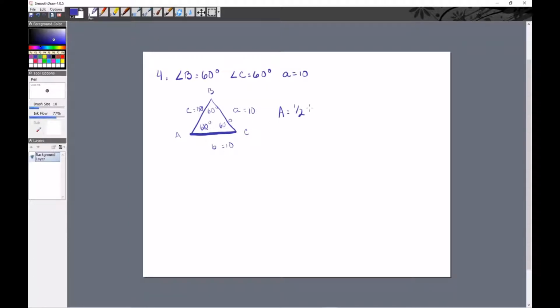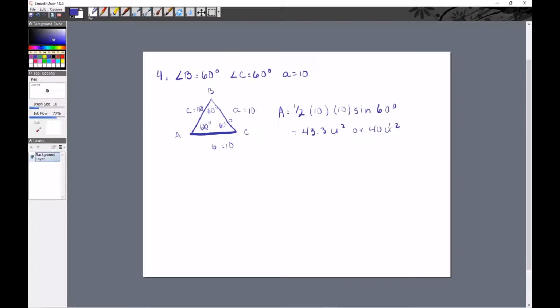So this is 10, this is going to be 10 here, and then sine 60 degrees. That makes it sort of easy. This is going to give you an area of 43.3 square units. And again, it's to the nearest tenth, so that would be 43.3 square units.